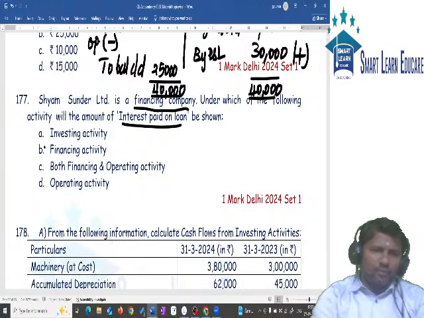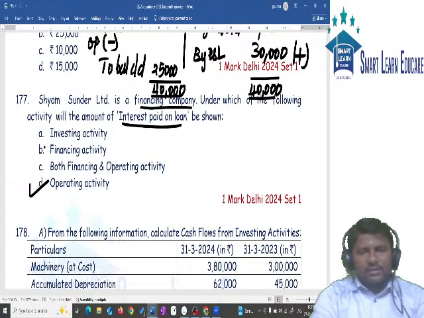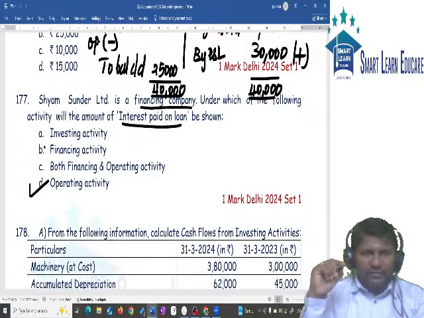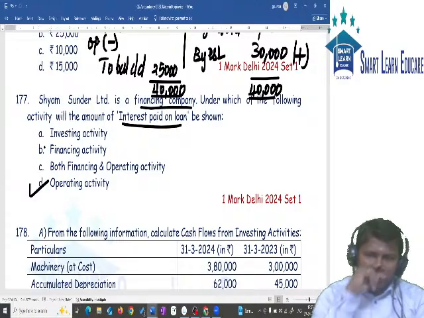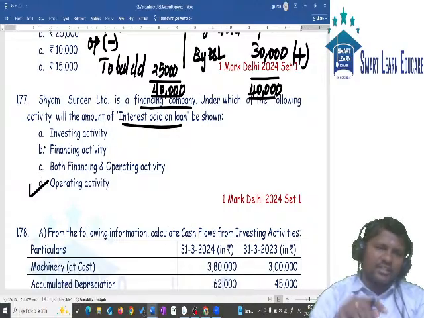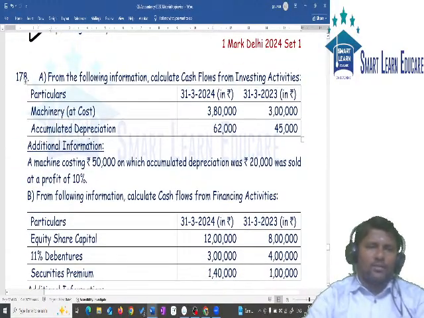Interest paid on loan will be treated as what activity? Operating activity. Because they are what company? என்ன company அவங்க? Financing company. If it is a normal company, this interest paid on loan will come under financing activity. But this is not a normal company. This is a financing company. Since it is a financing company, the interest paid on loan will be treated as operating activity.